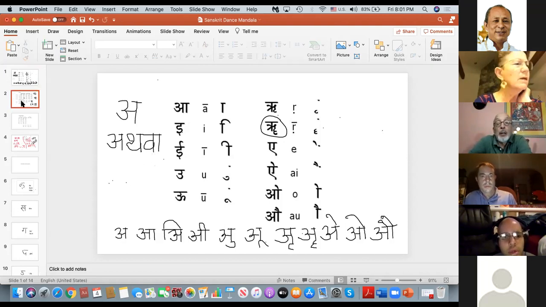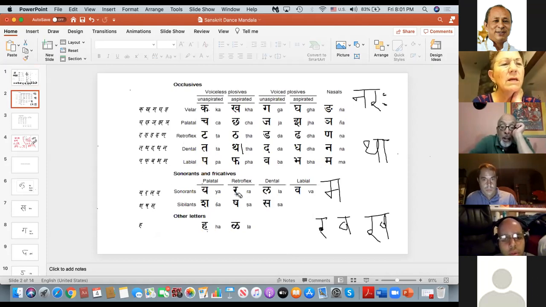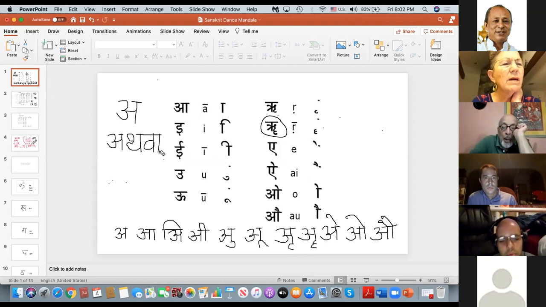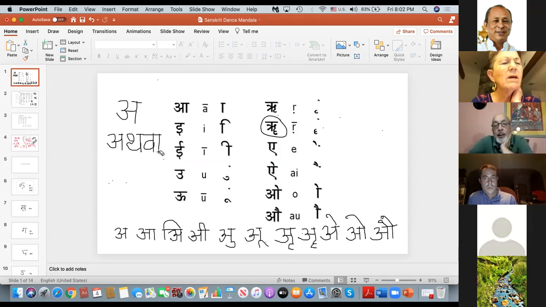So you made the wa long just by adding the line, and you can put that with anything to make it long. Yes. If you want to say atava, then tava, you put a line here.